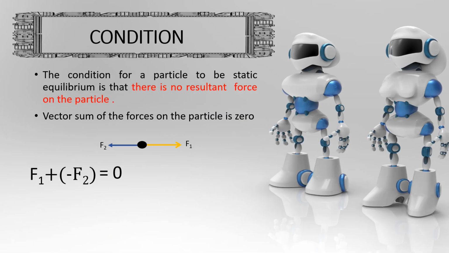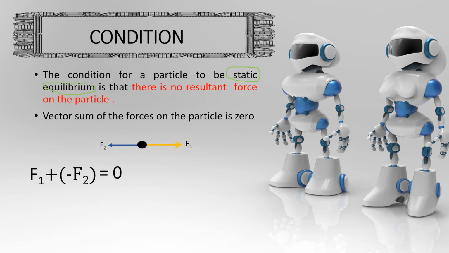Now, the condition for a particle to be in static equilibrium. A particle is in static equilibrium when it is stationary.